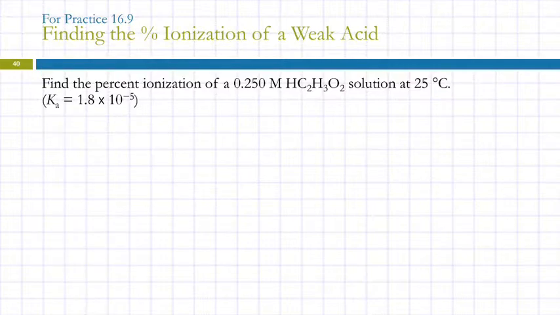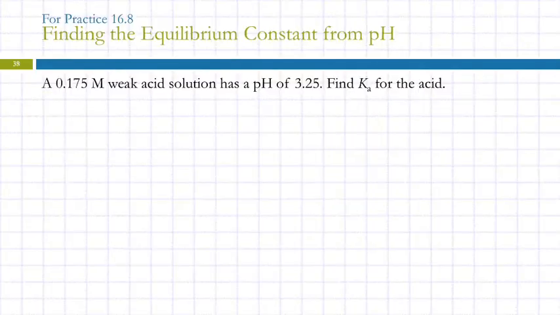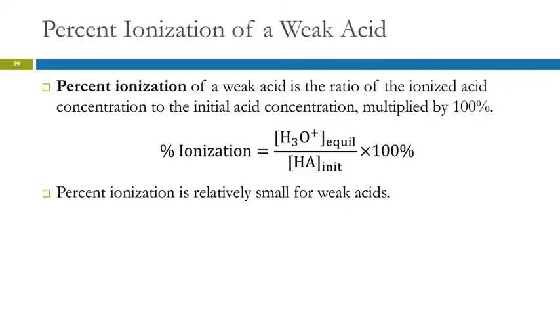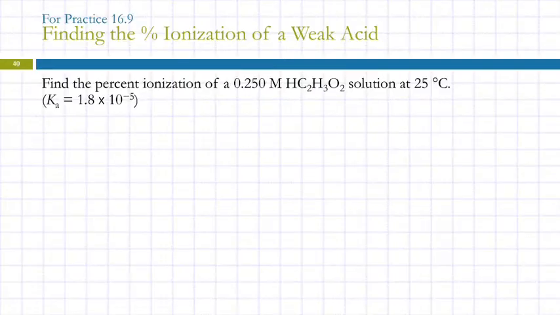Find the percent ionization of a 0.250 molar acetic acid solution at 25 degrees Celsius. There's the Ka. Sometimes these refer back to each other, but not this time. I'm tired of writing acetate, so I'm just going to call it HA.